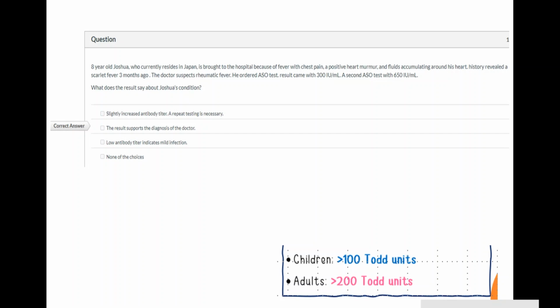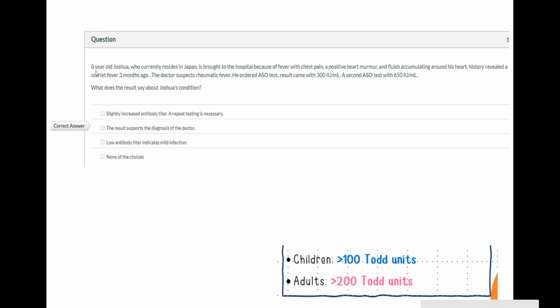Now, for our case, Joshua here had a scarlet fever 3 months ago, and currently he experiences symptoms that are consistent with rheumatic fever. Now, why is it rheumatic fever?